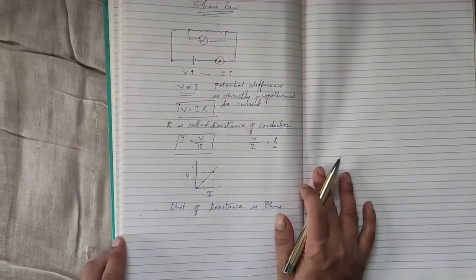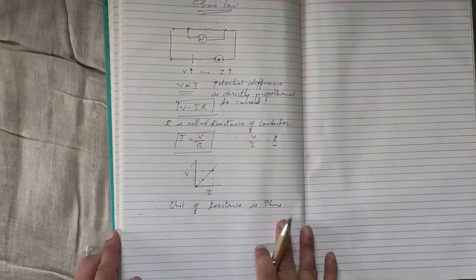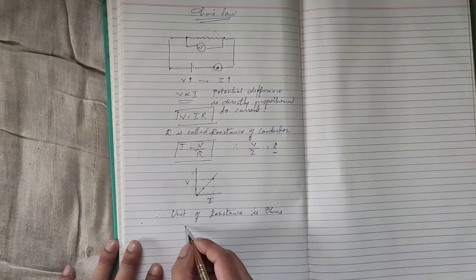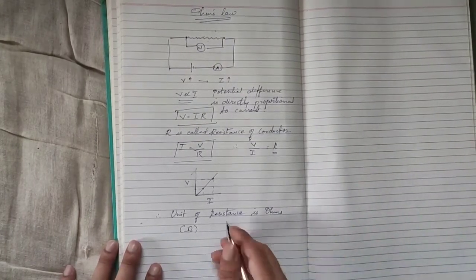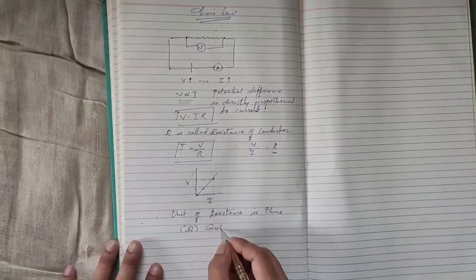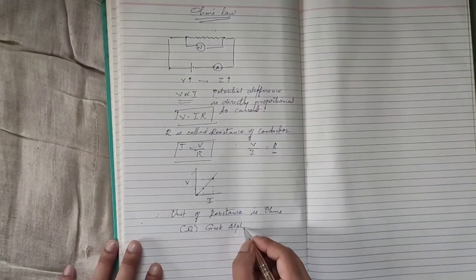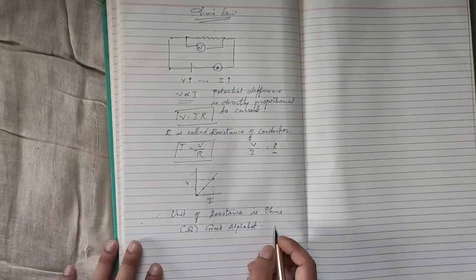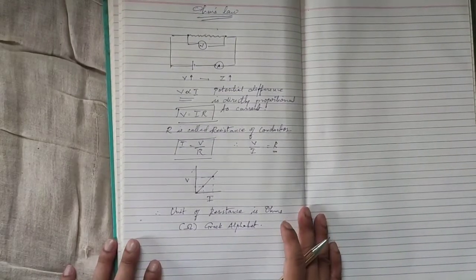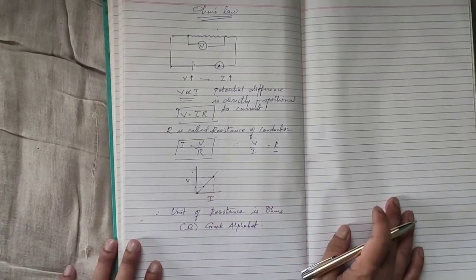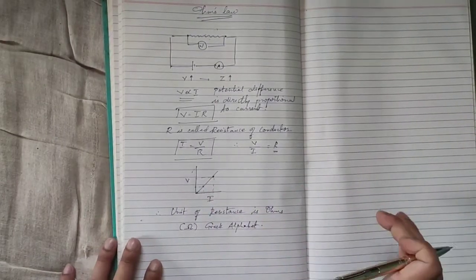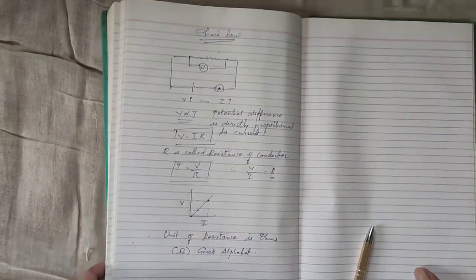Remember that. The symbol for ohms is omega, which is a Greek alphabet. So if you find the resistance of a conductor, whether it is 2 ohms or 3 ohms, you write this unit after it. I hope this topic is clear to you, students.